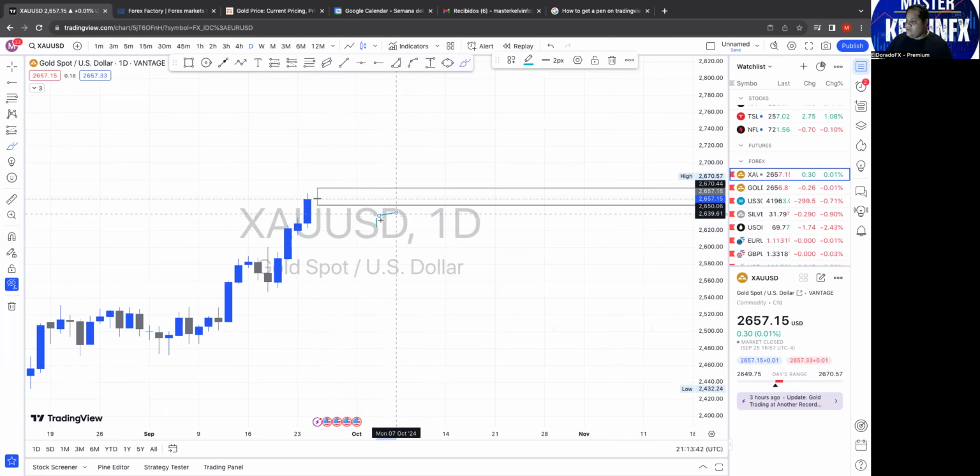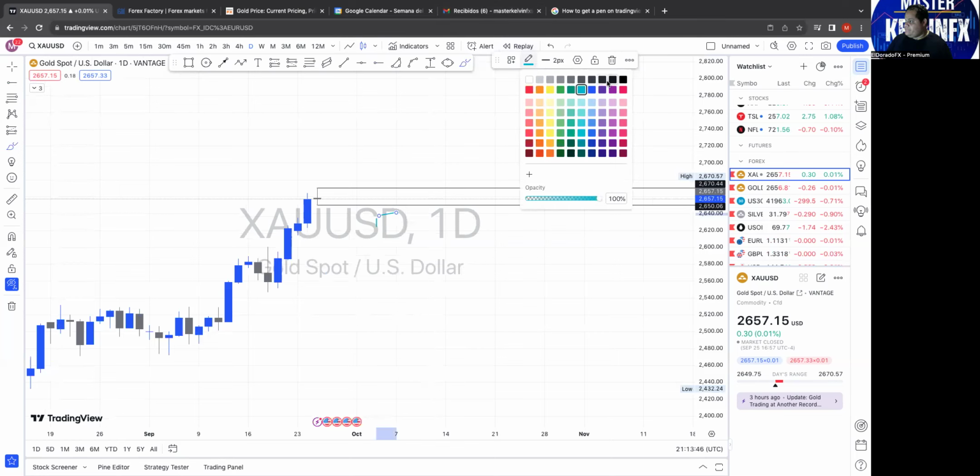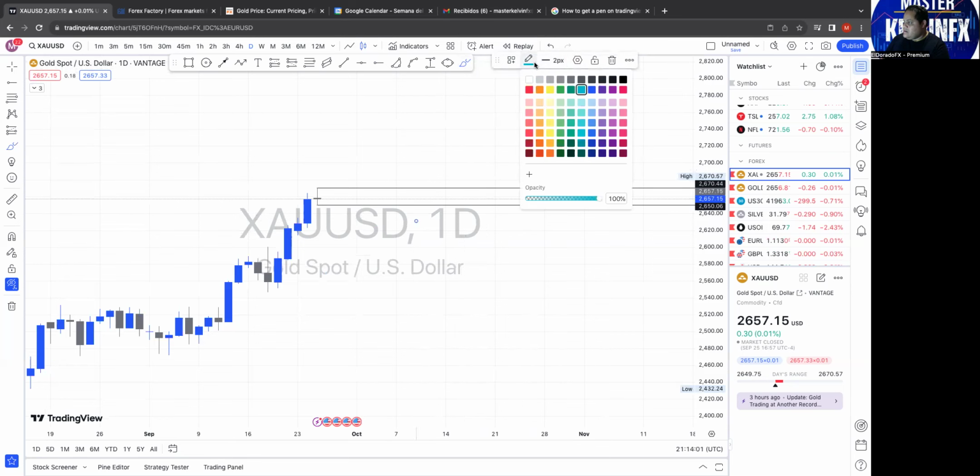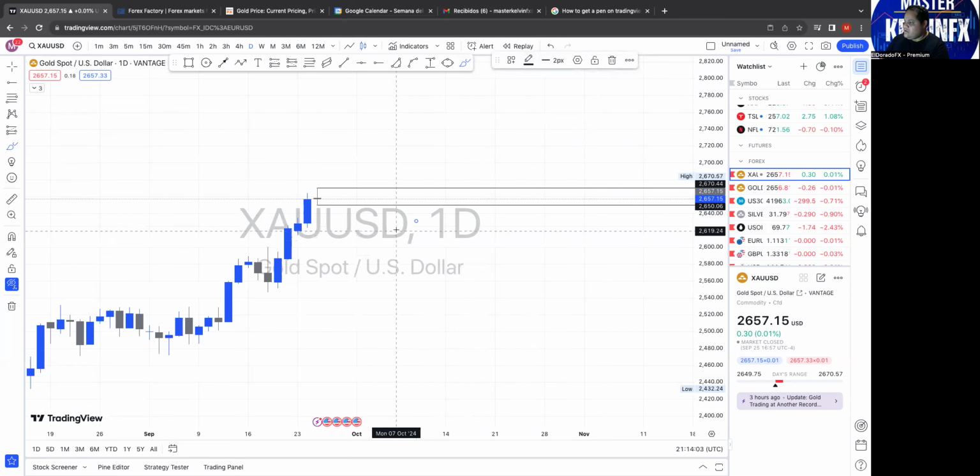Sorry, I'm just going to change the color to black. Let's choose the tool, click it, and then choose the color.